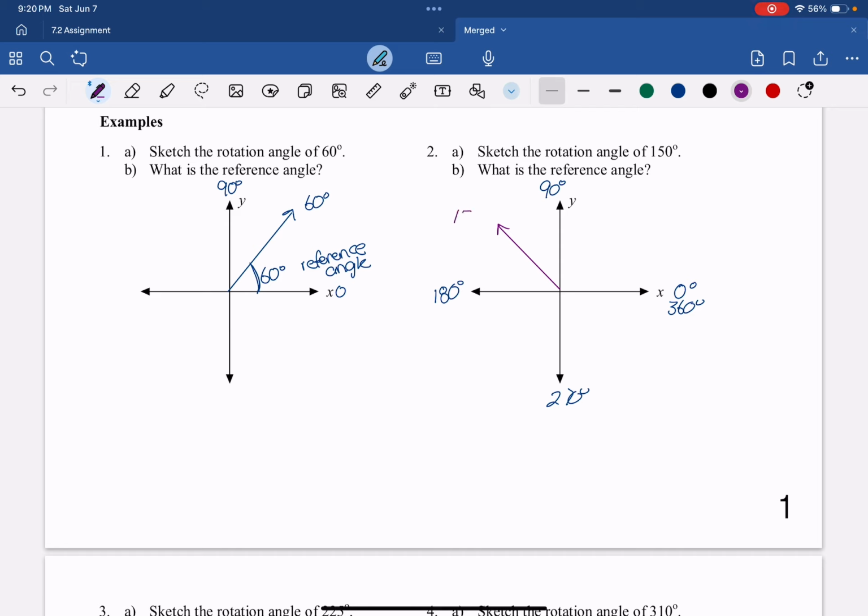So if this is 150 degrees, that'll be my angle of rotation. But if it's asking for my reference angle, my reference is how close am I to the x-axis? And if I look here, to get from 150 to 180, that's 30 degrees. So I have a reference angle of 30 degrees here.